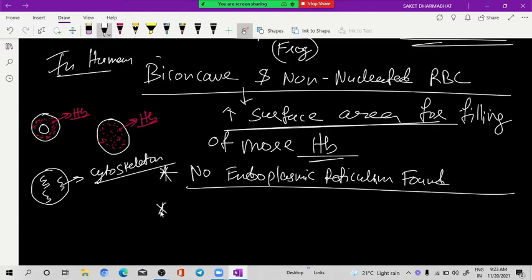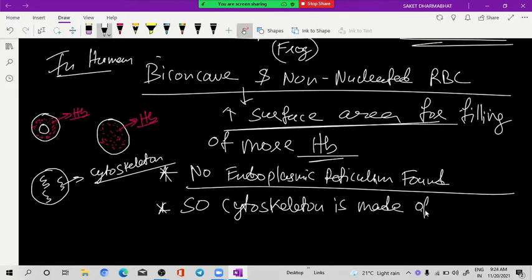So the cytoskeleton is made of stromatin. What is the meaning of stromatin?